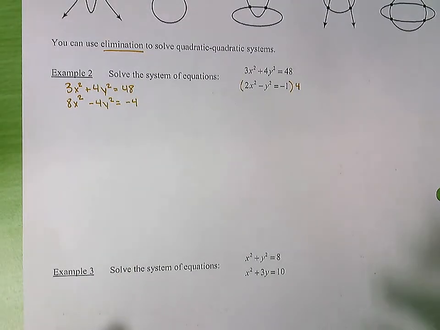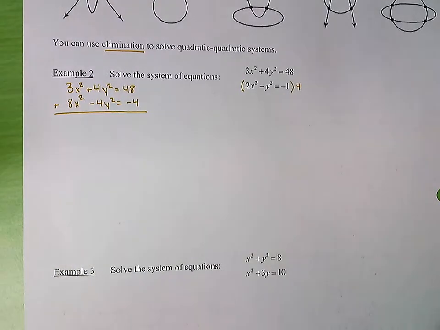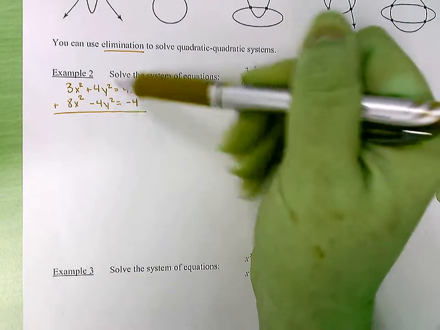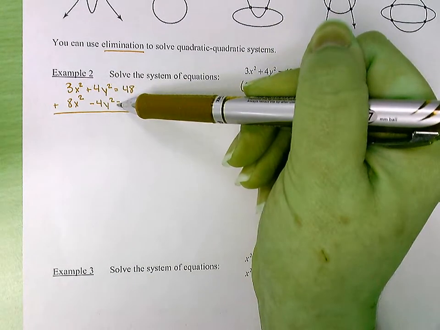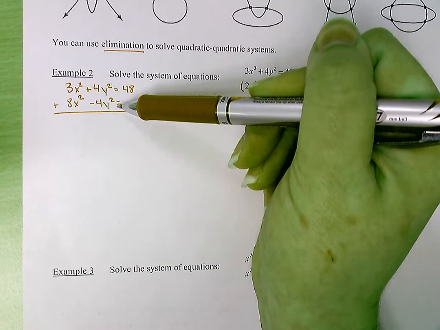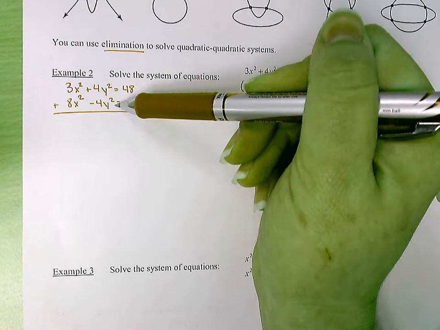The reason I did that was so I could add these two equations together, because when I add them, these y's are going to cancel out. They're going to eliminate, hence elimination method, because I have 4y squared minus 4y squared.